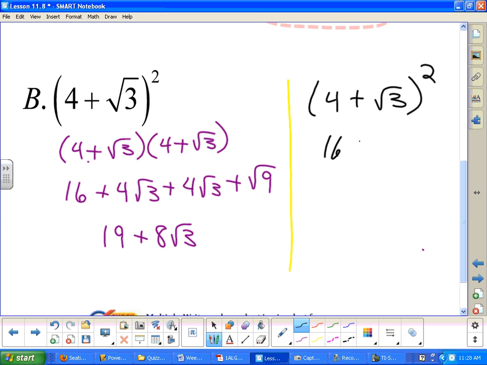That's 16 plus 3, which is 19. And those two things are definitely not the same, are they? So you have to be careful of that. If it says 4 plus square root of 3 squared, that means we FOIL. Very good.